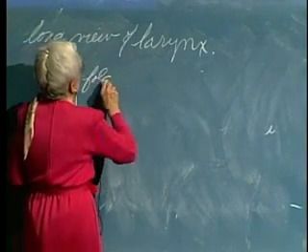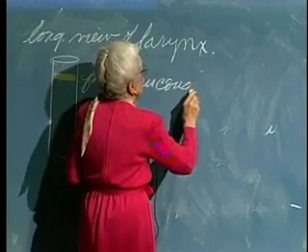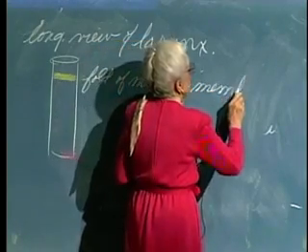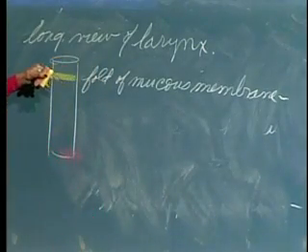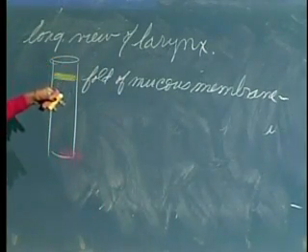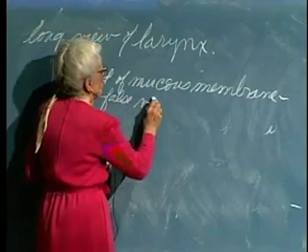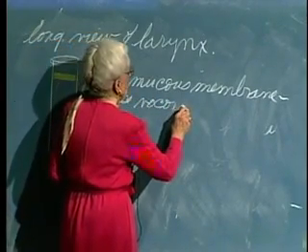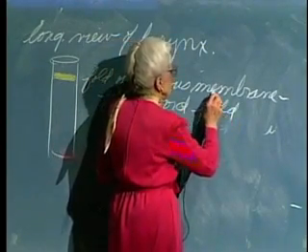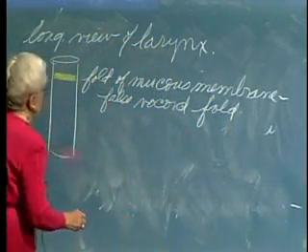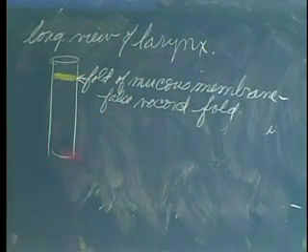The superior one is called the false vocal cord, or fold. They're using the term fold more frequently now. So this first one is a false vocal fold.